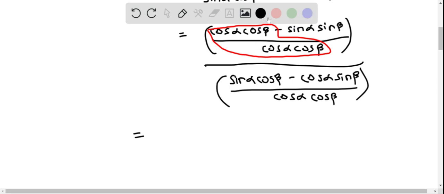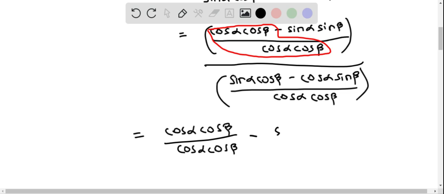Okay, so let me write this. That is cosine alpha cosine beta over cosine alpha cosine beta minus sine alpha sine beta over cosine alpha cosine beta.